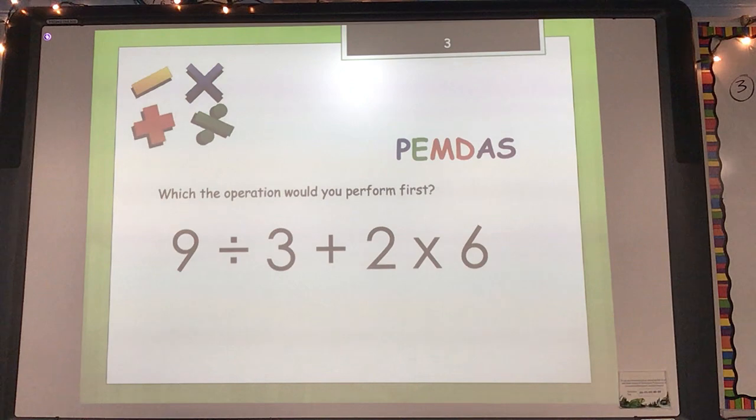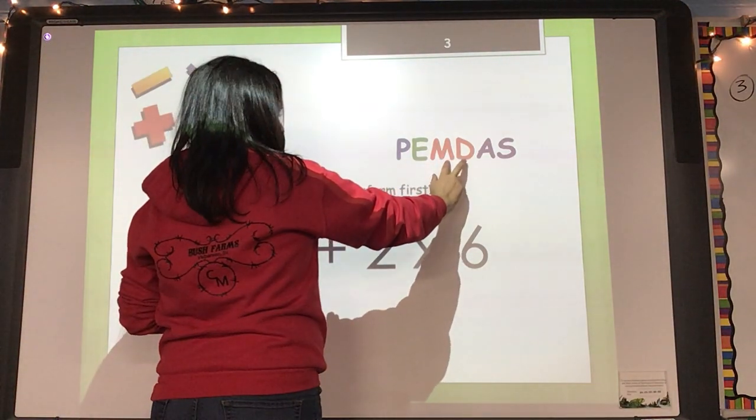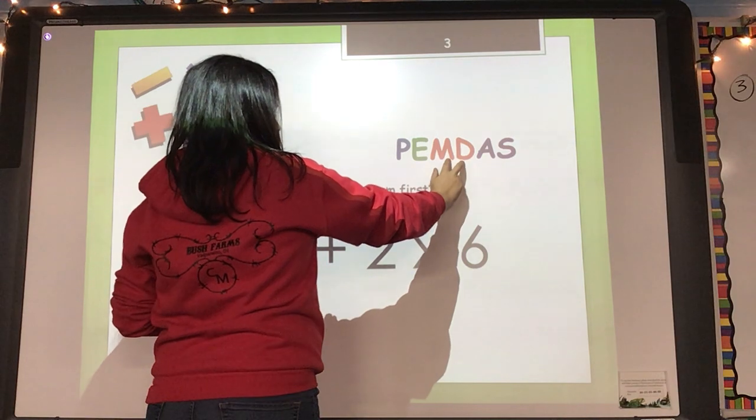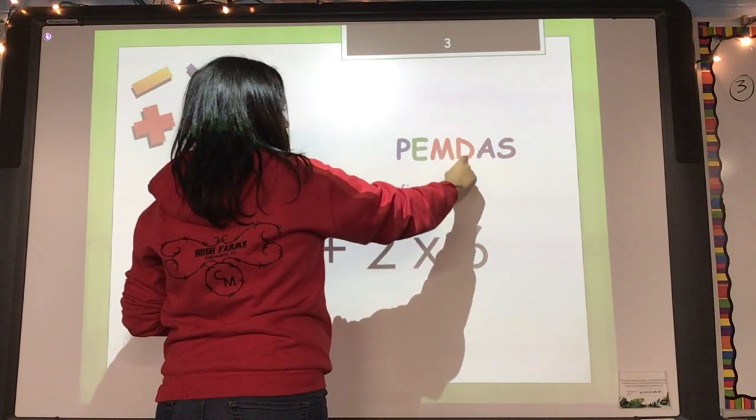What's going to be my first step, Charlie? You did 2 times 6. Why 2 times 6? Because multiplication is first. So she says multiplication is first, but what is a partner with multiplication? Division. Does it matter which one I see first? No, they're partners. They're the same color.